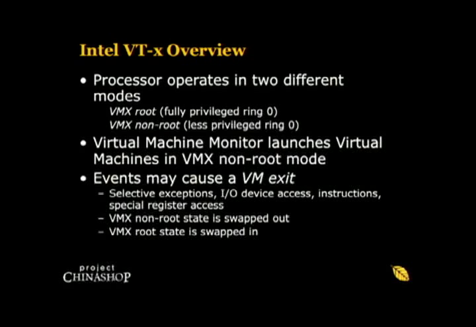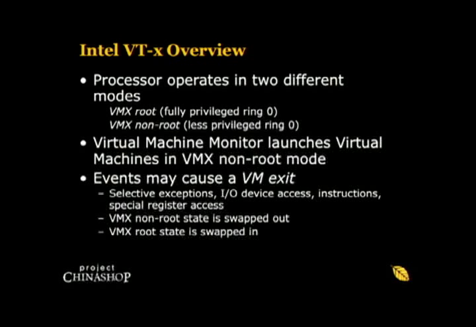So here's a list of things that cause what's called a VM exit. This is the transition from VMX non-root to VMX root mode. You can set a list of exceptions that you're interested in. Anytime there's an access violation, a protection fault or a page fault, you can be notified and handle it there, or you can just let the OS handle it and then get notified on the double fault that the guest OS is completely hosed at that point.